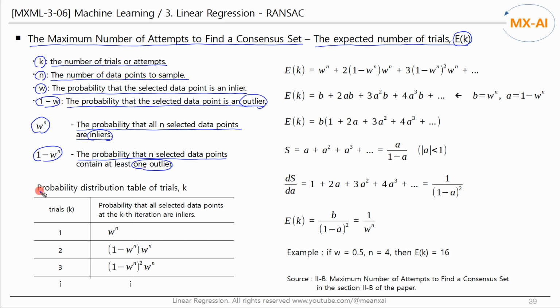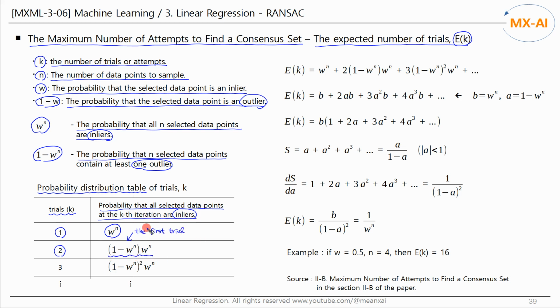Let's create the probability distribution table for the number of trials k. The random variable is the number of trials k, and the probability is the probability that all selected data points at the kth iteration are inliers. On the first attempt, this probability is W to the power of N. On the second attempt, this probability is like this.